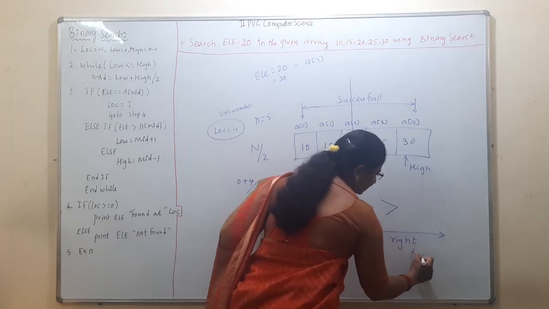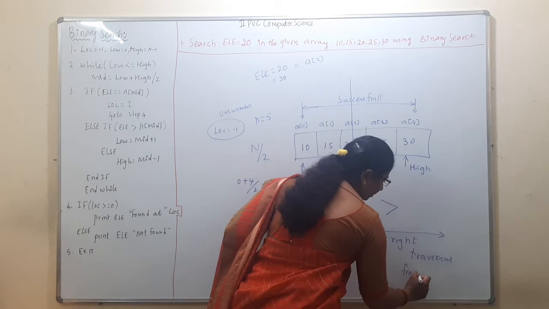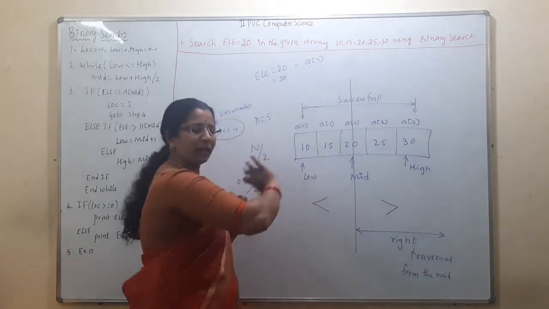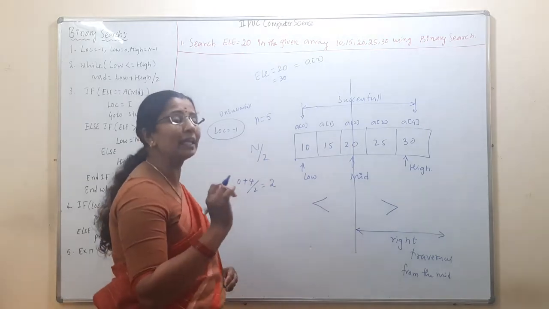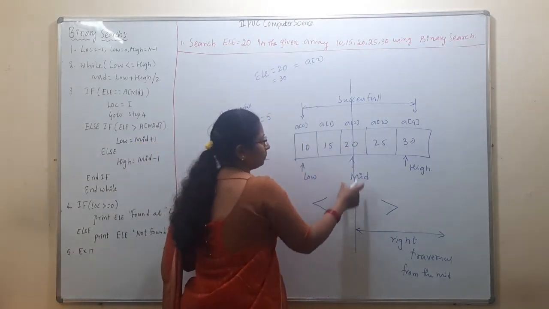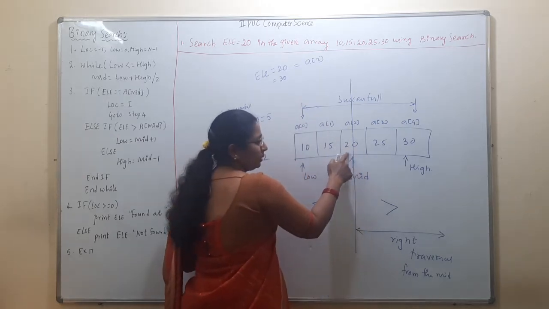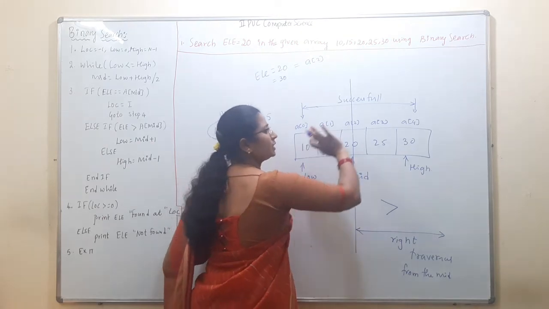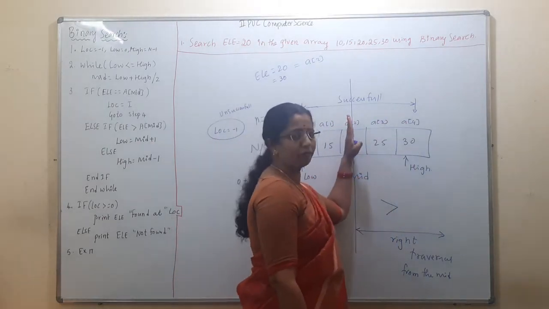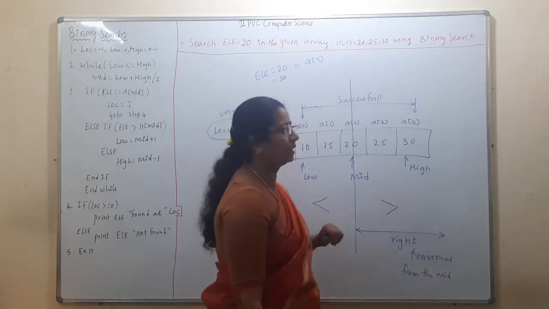Right traversal from the mid, when the element is greater than a of mid. See, the element is 30, the mid element is 20. If it is greater, then I should traverse only from the half towards the right hand side.